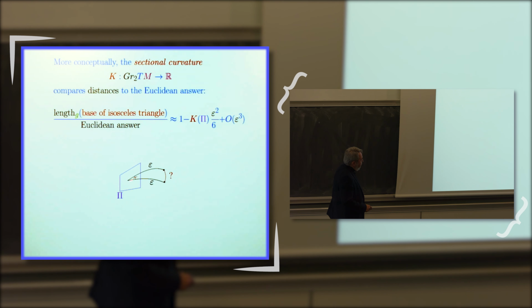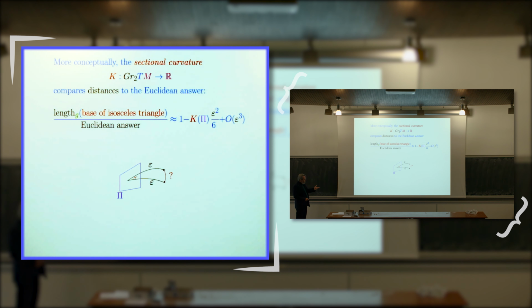What does the Gauss curvature actually measure? Well, one way of thinking about it is if you take a triangle, you would make an isosceles triangle in the manifold by taking some 2 vectors that are separated by a very small angle, go out a short distance epsilon along both of these directions, and then you would have an isosceles triangle. You could say, what's the distance between the endpoints here?